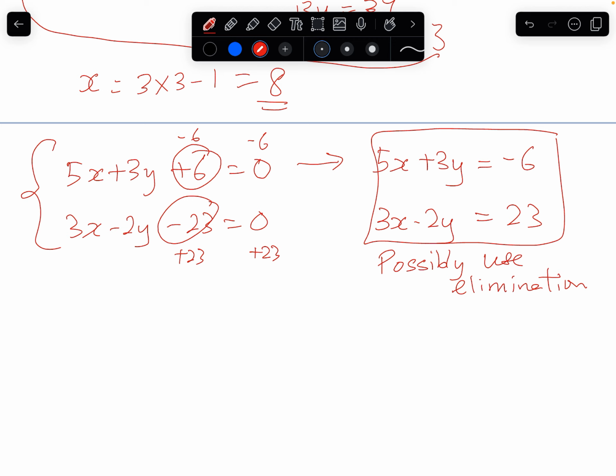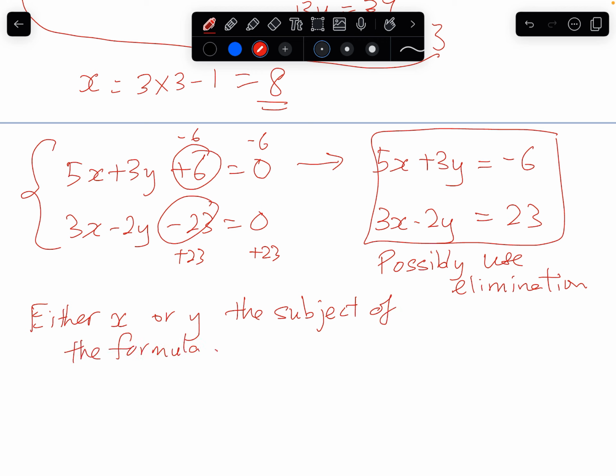Now again, you could choose either equation, the first one or the second equation. The objective is we could either make x or y the subject of the formula.